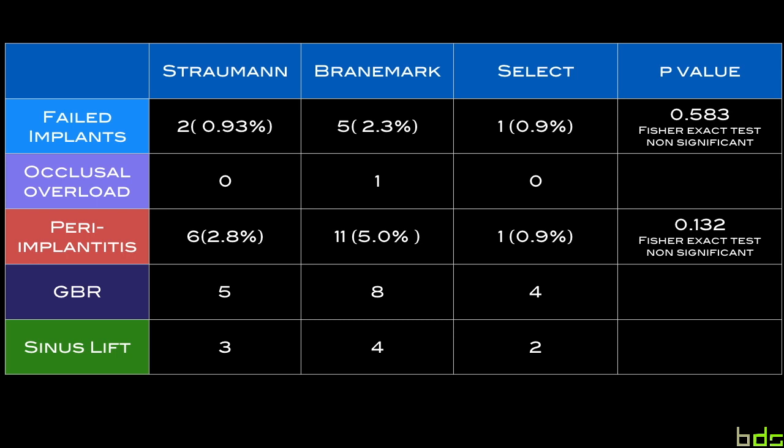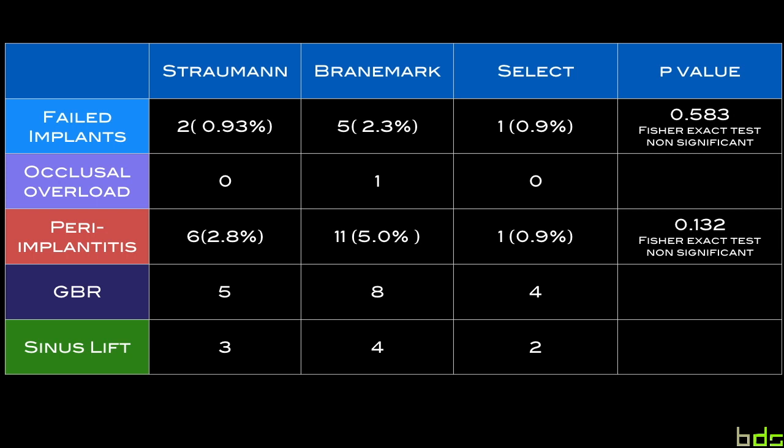Here, just to look a bit more into our numbers, we compared the failed implants with the three different systems. There was not a big difference in peri-implantitis occurrence with the three different systems, not statistically significant.